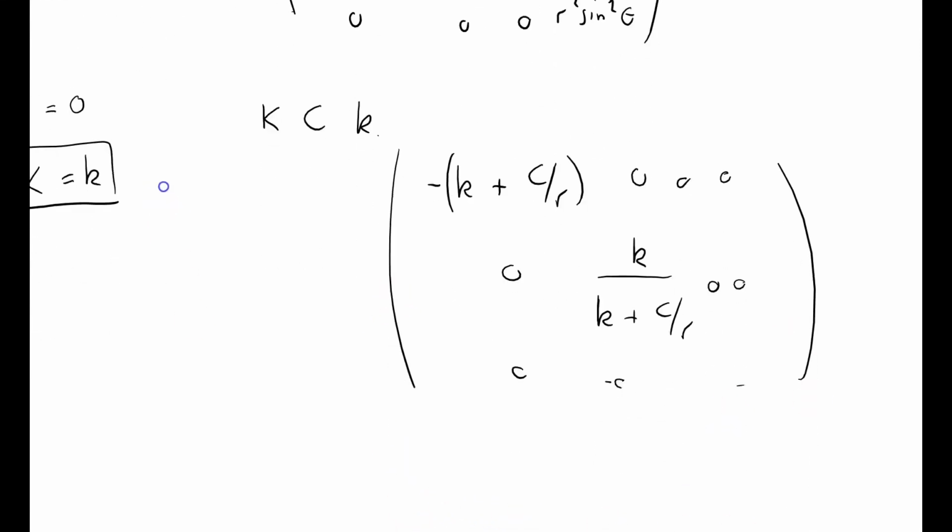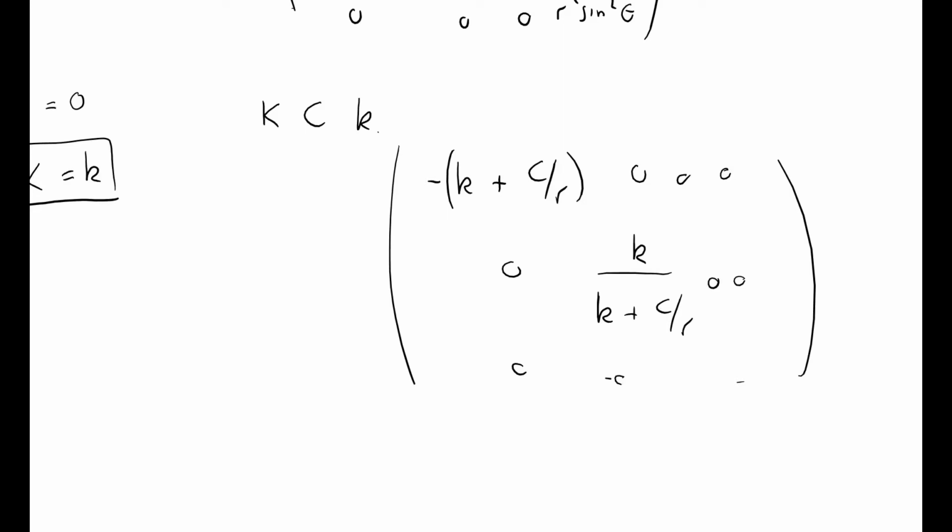Now we can make a further simplification by simply rescaling our radial coordinate r and our time. So I can just assume that k equals 1. We can just multiply everything by a constant if we want, and everything works out. So I'm just going to say k equals 1.